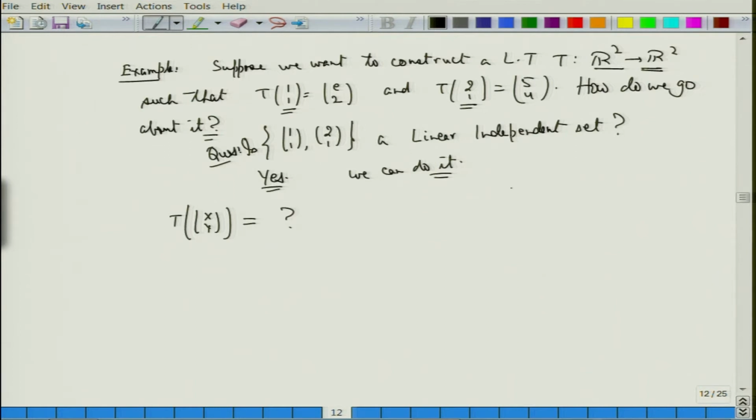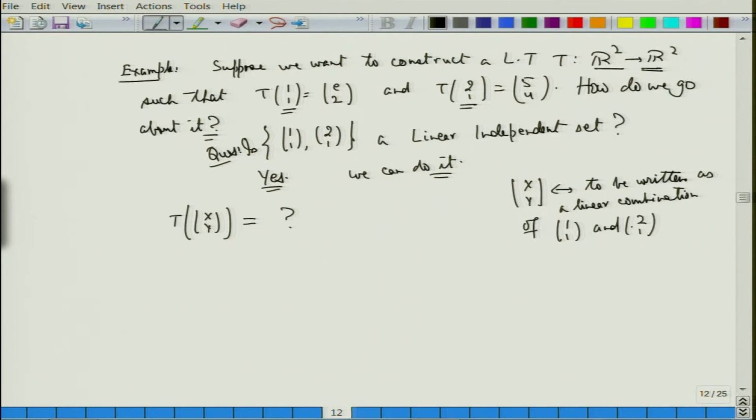What we know is that (x, y) is any vector. I have to write it as a linear combination of (1, 1) and (2, 1).